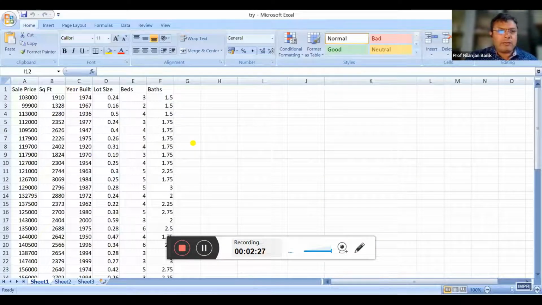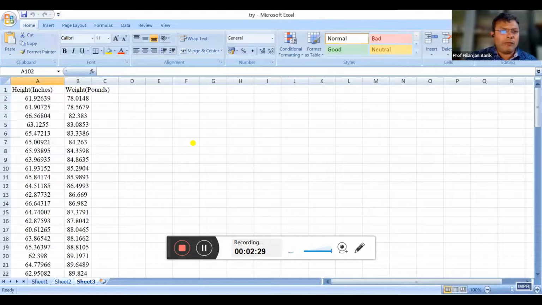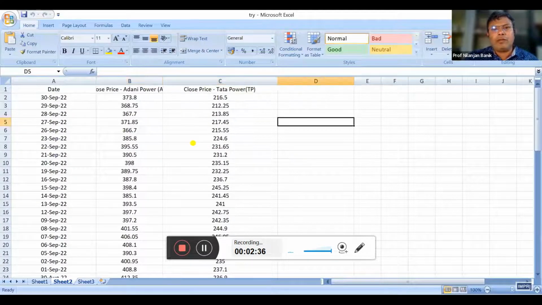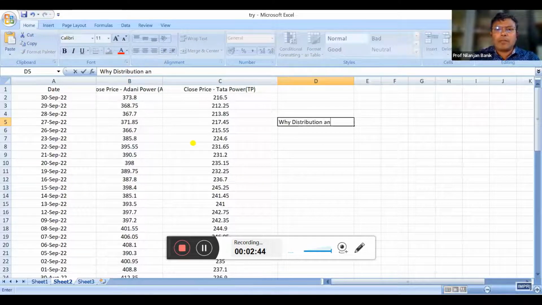So in the previous class, if you remember, we were doing a few things. I think you can now see the Excel, right? Yes. The first thing we were doing, I'll write it over here so that all of us are on the same page. We were talking about why distribution and density function are important.